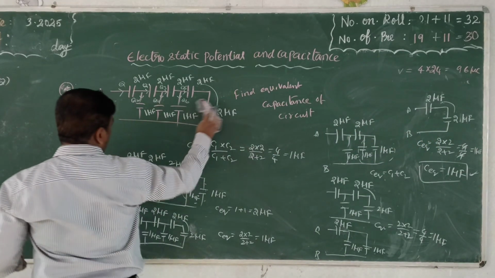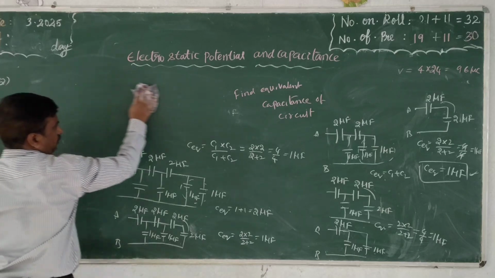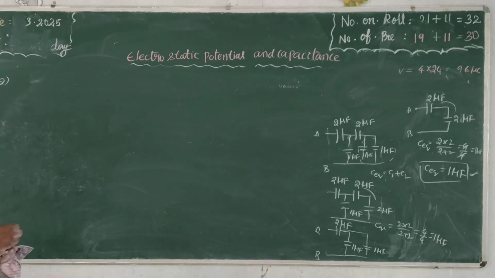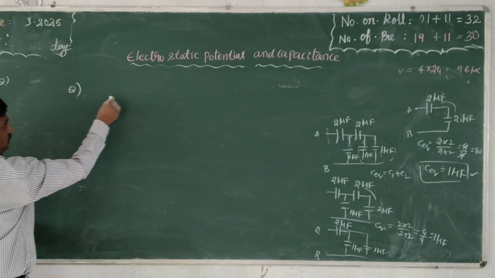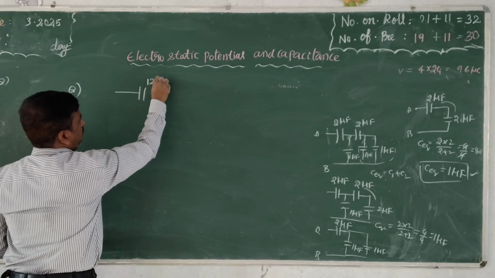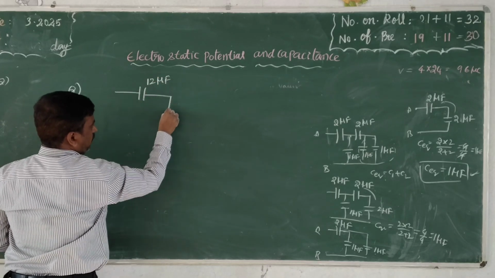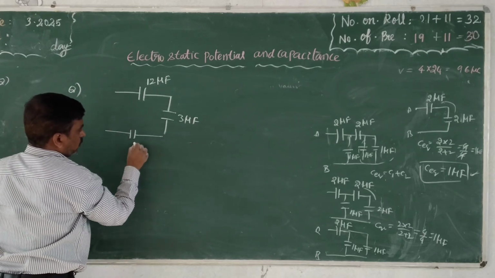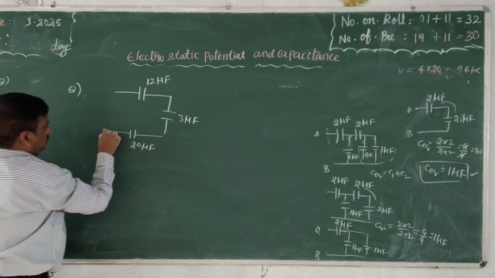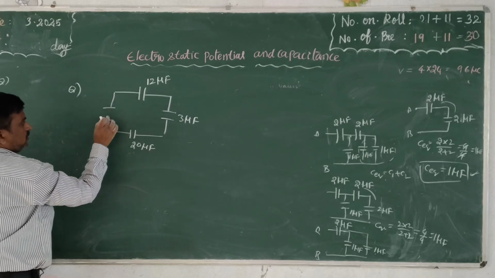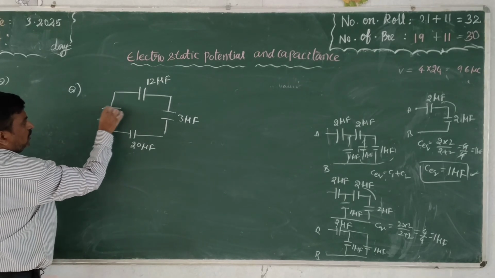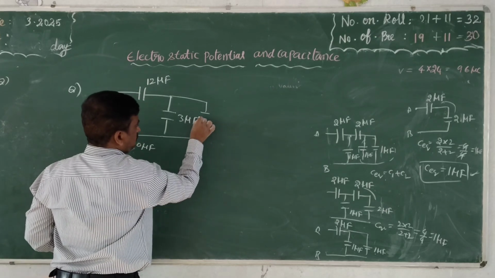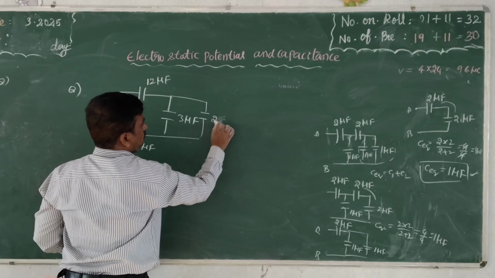Yes? See, the last problem. It is the last problem in this lecture. Here it is 12 microfarads, connected to 3 microfarads, connected to 20 microfarads, and connected to a cell, so it is plus and minus. Again there is a connection with 2 microfarads, 2 microfarads.